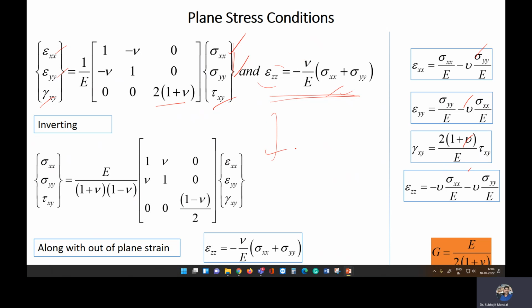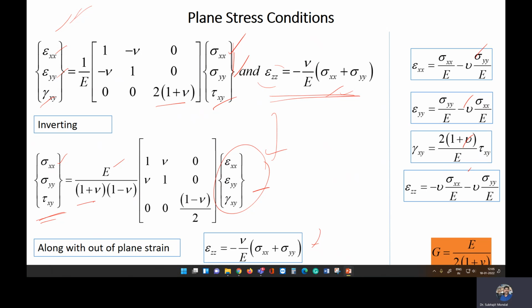Now if you invert it, the plane stress condition can be written in this form. Some books write the equation in terms of stress. In that case, we write E over 1 minus mu squared times the matrix 1, mu, 0; mu, 1, 0; 0, 0, 1 minus mu by 2. On this side we have our strain acting in the plane, and again here you have to write the strain condition acting in z.